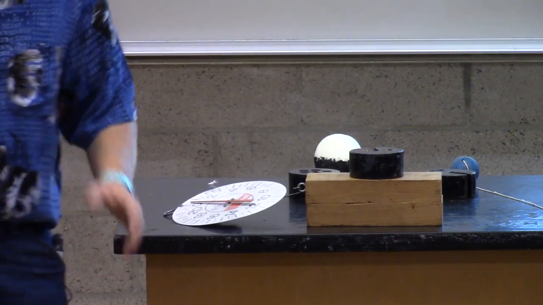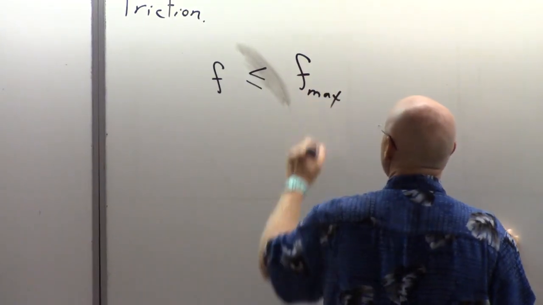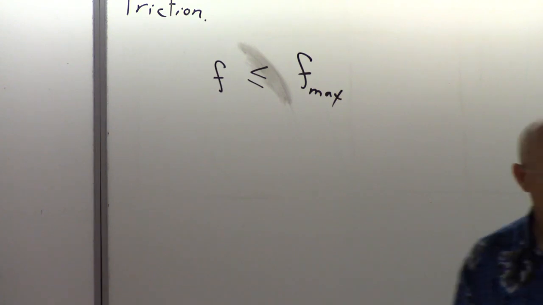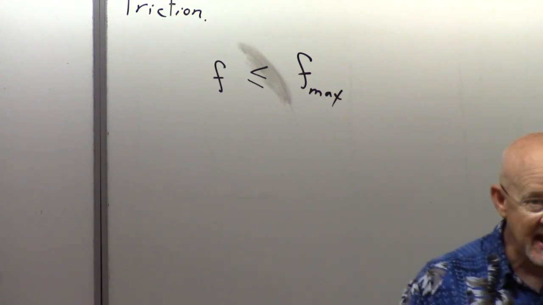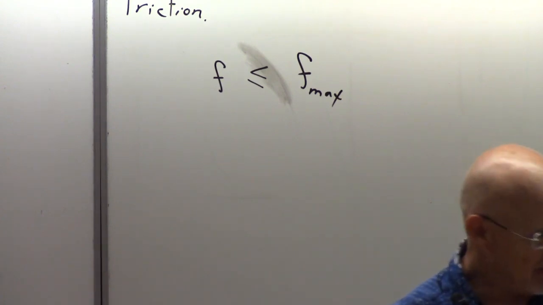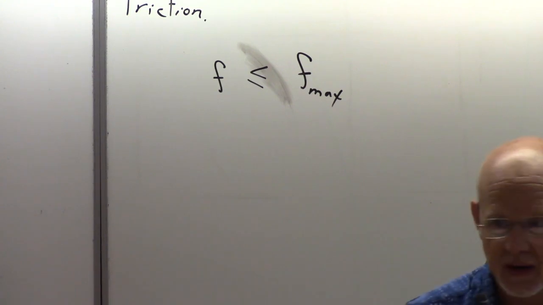So do you see how the friction could be some inequality? It goes up to some maximum value. And now it begins to move.